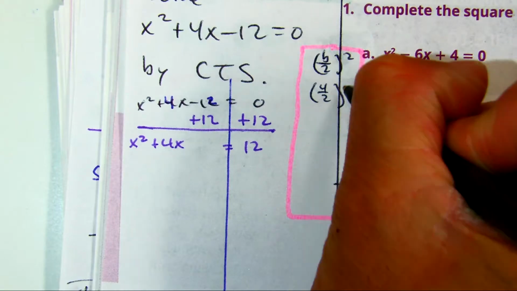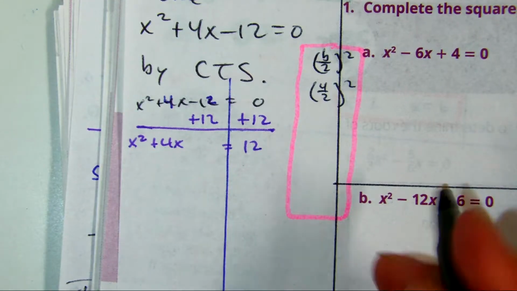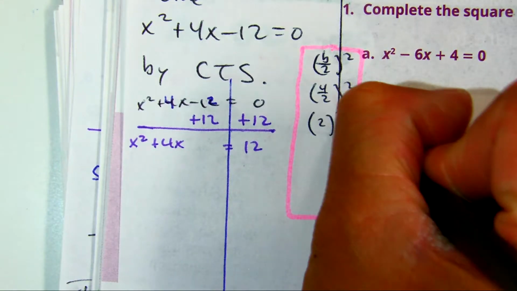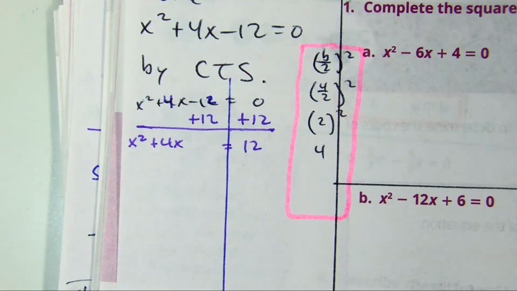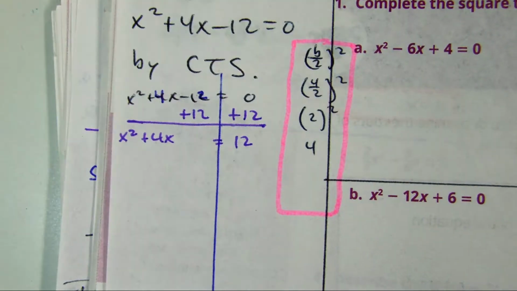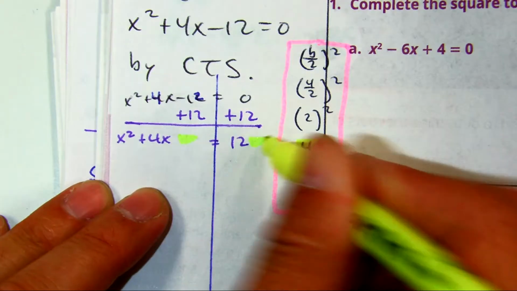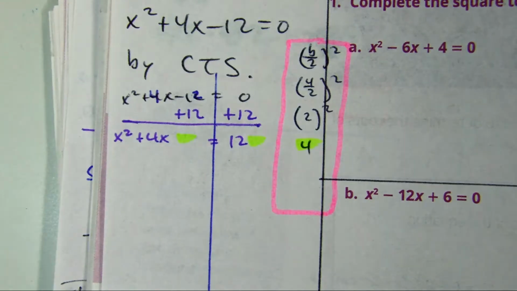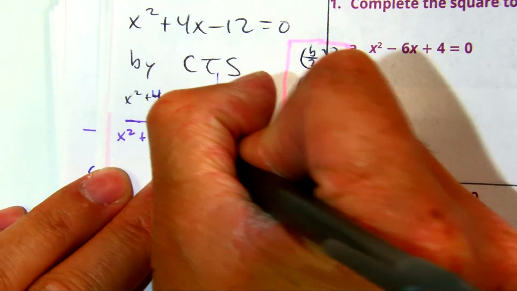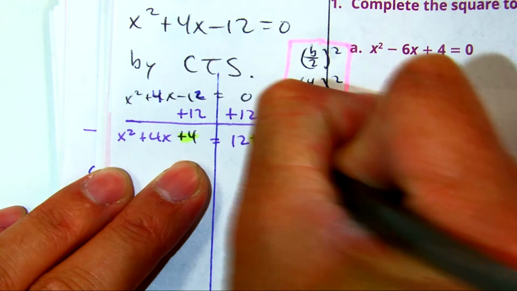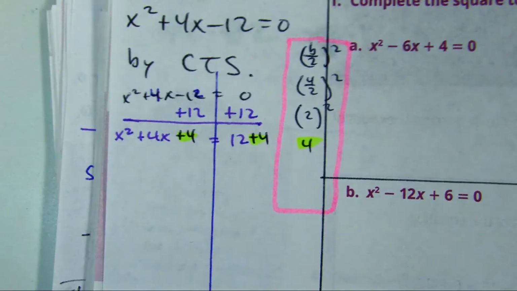Jenny, what is 4 divided by 2? And 2 squared? 4. We need to add 4 to both sides to complete the square. That's right, plus 4. There you go, Jenny. Good job.